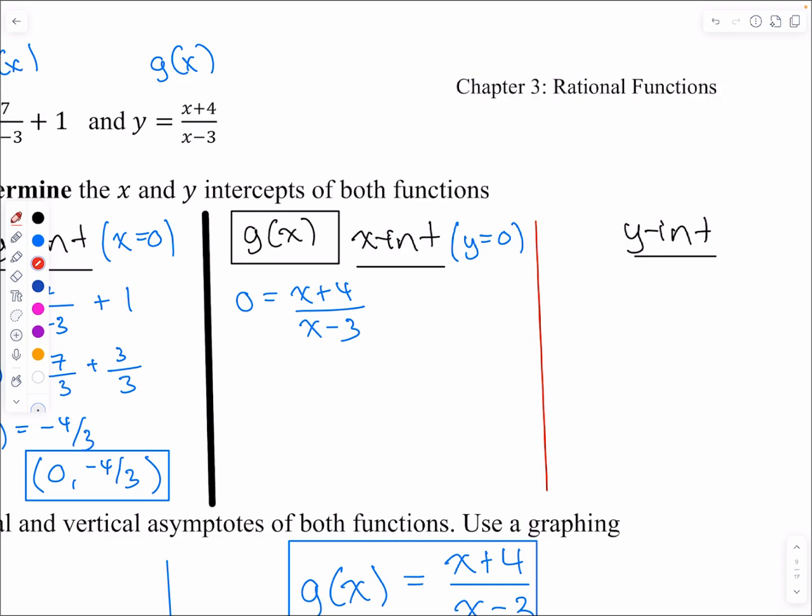We can multiply both sides here by x minus 3. What that does is it will divide out the common term x minus 3 there, and on the left it will just produce 0 because x minus 3 times 0 is 0. So we have 0 on the left and then x plus 4 on the right.